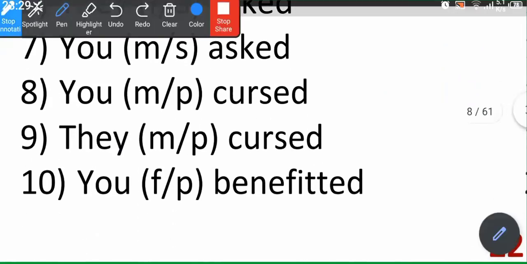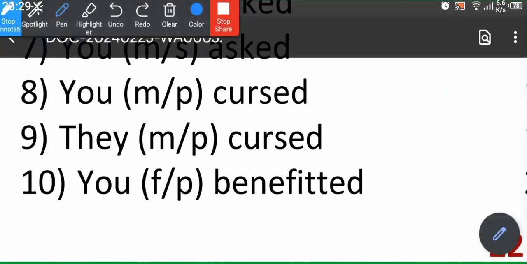Now two more, inshallah. They cursed. What is the word for curse? It's la'an. Now what suffix do you have to add? La'ana, la'anu. No. Try again. Start over. Why are you going ahead? This is figure number 3.